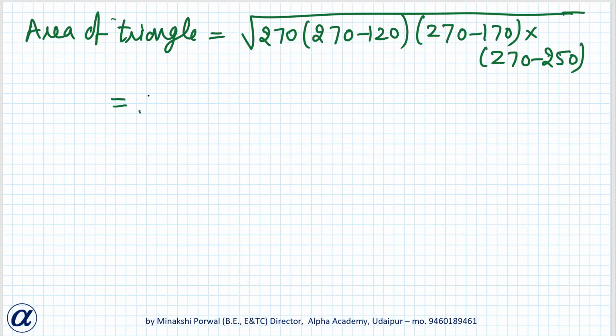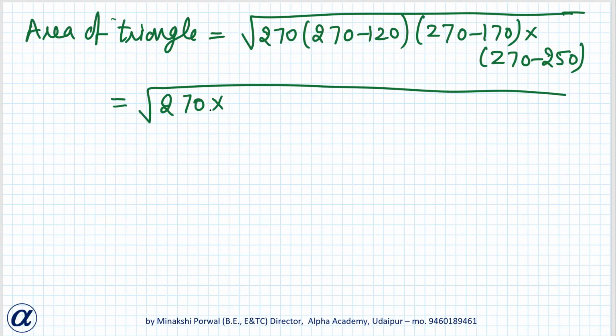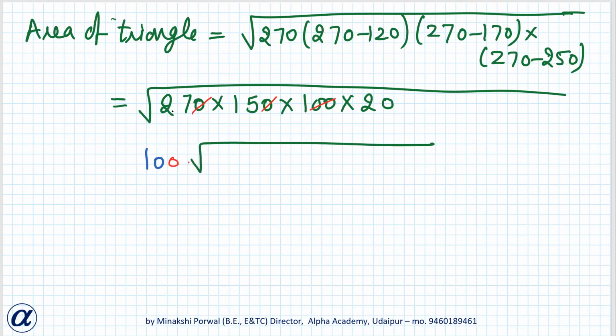So it will be 270 minus 120 is 150, 270 minus 170 is 100, 270 minus 250 is 20. Okay. Now taking these zeros in pairs, 100, we'll take 10 outside. One more pair, so one more 10 outside. And the remaining ones are 27 into 15 into 20.